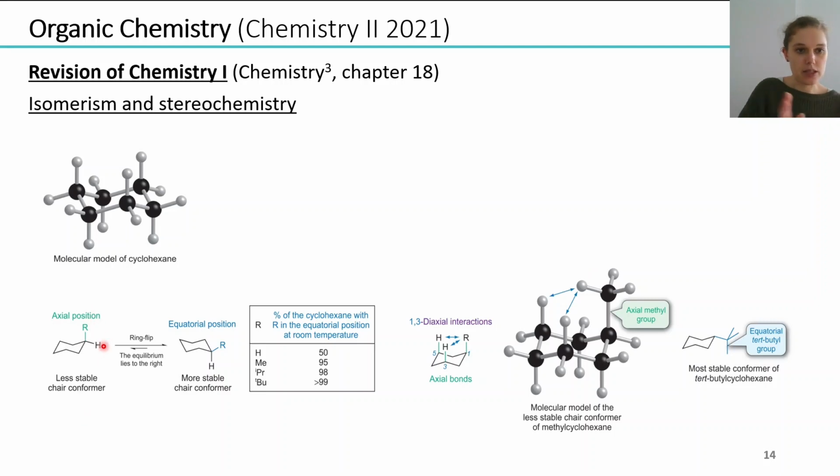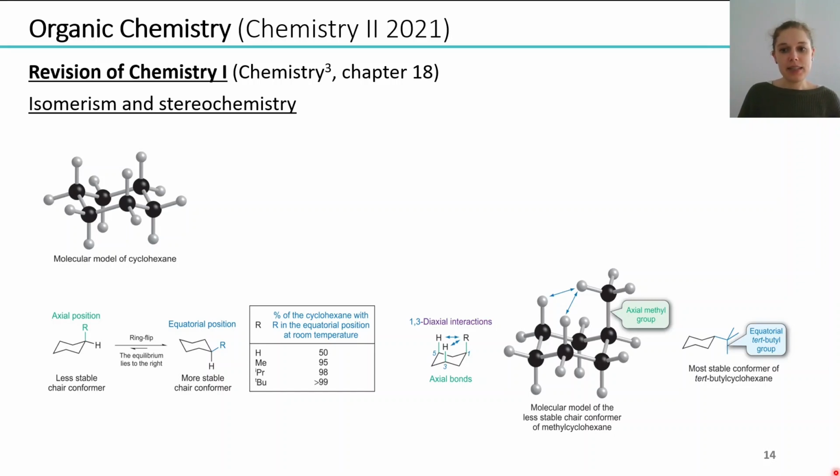So axial means you go up or down. And then we have also the equatorial position, where we have 6 hydrogen atoms being in the plane with the ring.